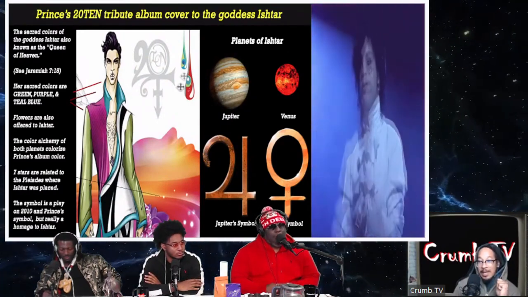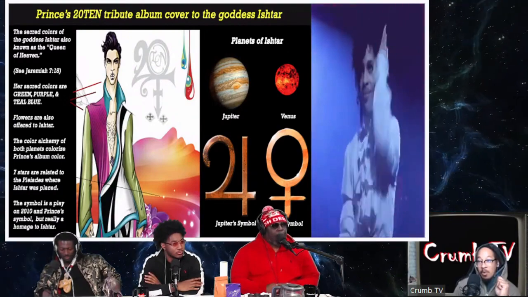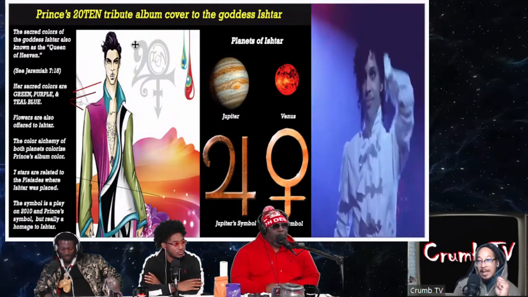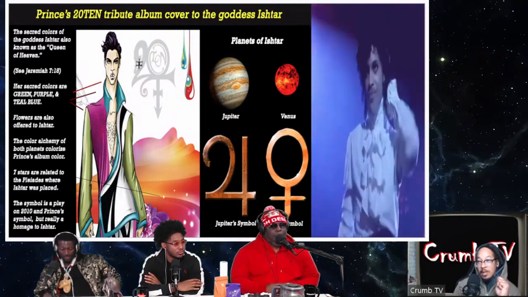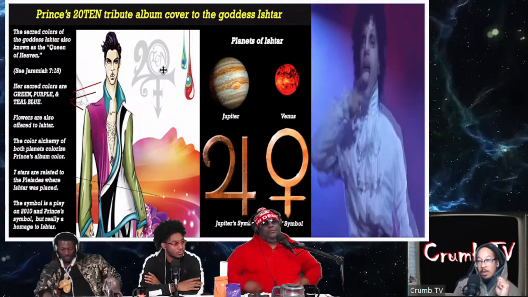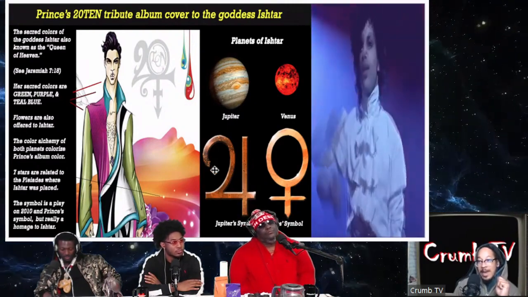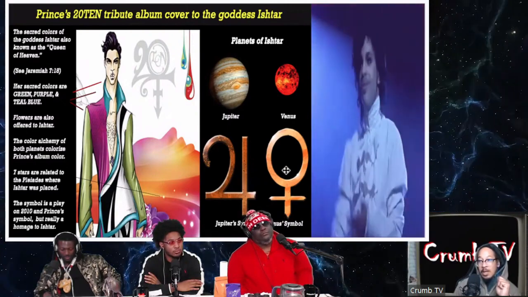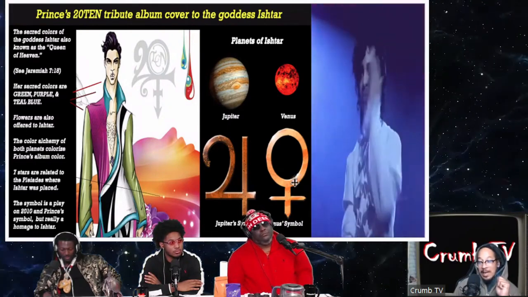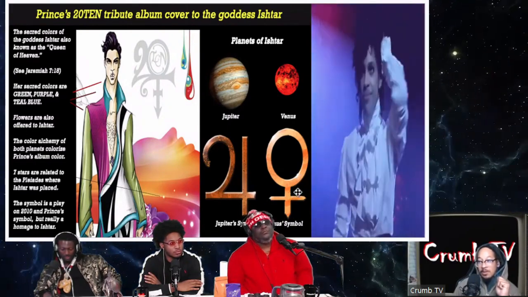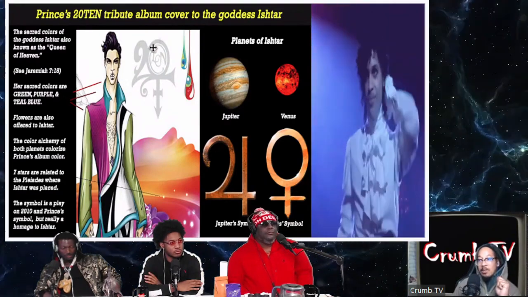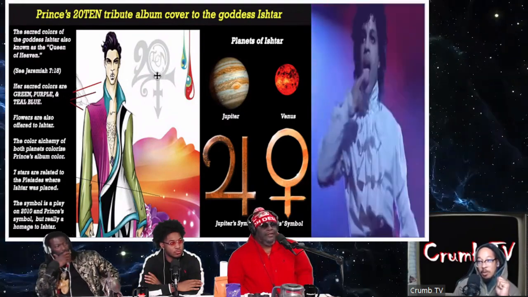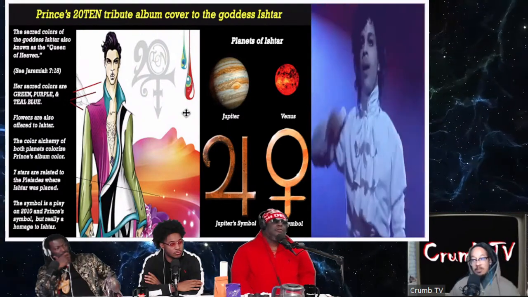You're going to see right here, this is the symbol of this album. There's an arch and it goes down and it goes over, and then you see that line going down. That's the symbol of Jupiter. And then you see the circle, like an ankh or the female sign with the line. That right there, that's Jupiter and Venus. This is all wise, right, and exact, man.